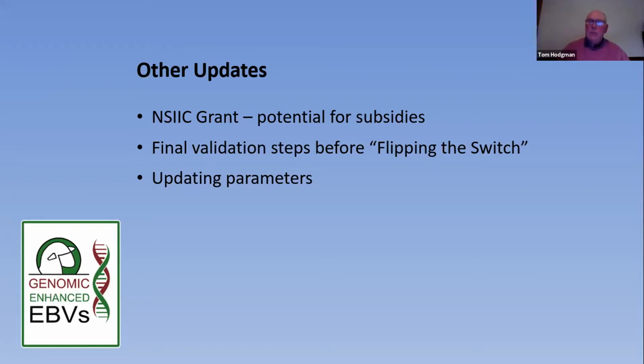There's a number of steps, and I believe we're on step 3, which is the third step. And once that's complete, then, as you've heard this term of flipping the switch, we will then flip the switch, and the Katahdin evaluation will be entirely genomic enhanced, not just those flocks participating.